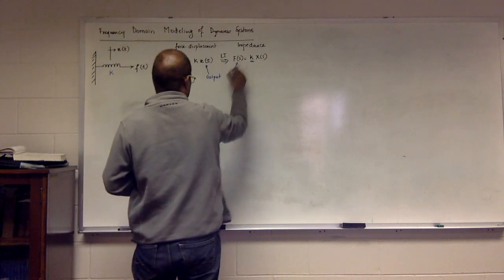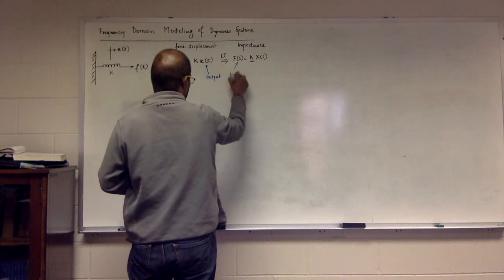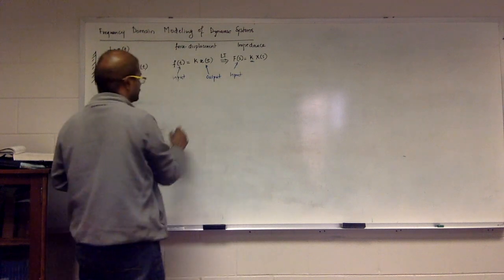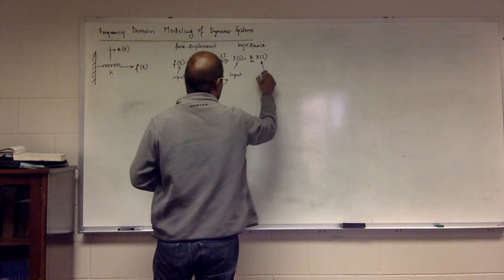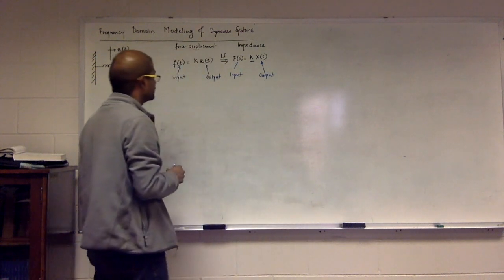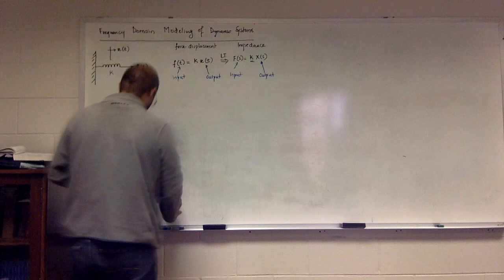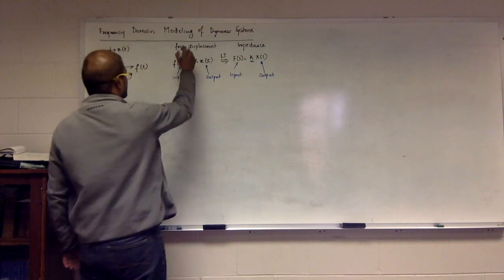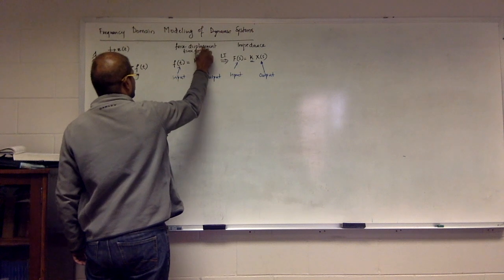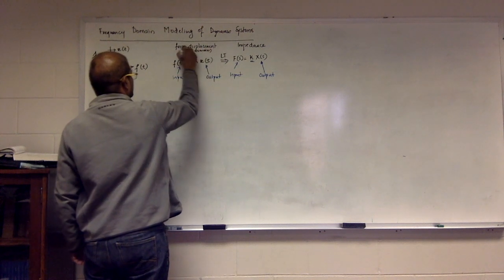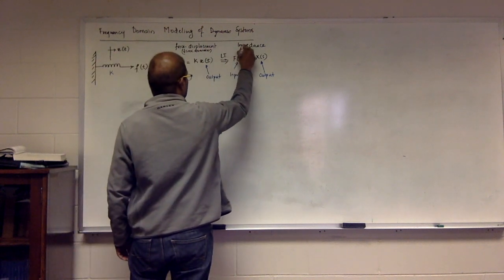This is again input, and x of s is output. The only difference is different domains. So this is the time domain, and this is the frequency domain.